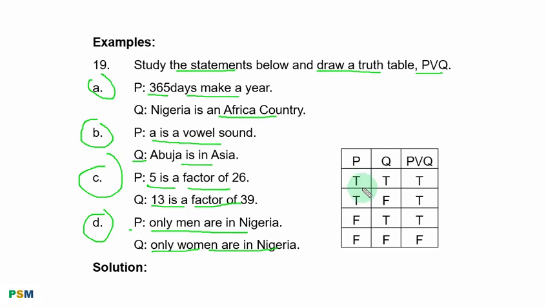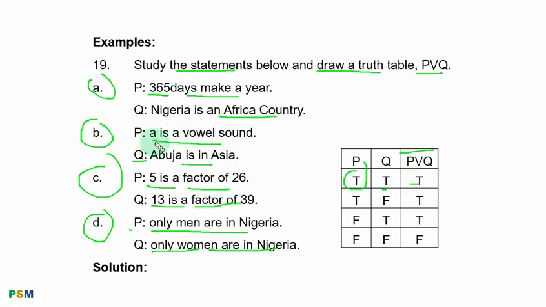So you have T, T, F, F. Then the outcome P or Q. Let's examine the table. For A, 365 days make a year, it is true. Nigeria is an African country, it is true. Because both are true, the outcome is true.